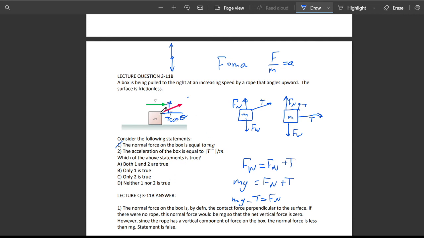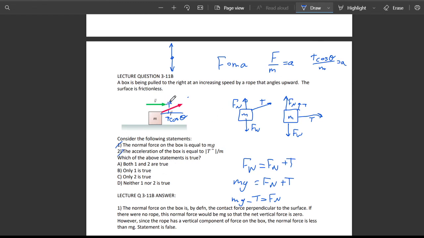So the horizontal component of this, which in turn relates to the acceleration, because we know that the vertical component cancels out and doesn't contribute to the acceleration on the block, is equal to T cos theta. So when we plug this in, T cos theta over m is equal to a, which is not what the second statement is saying.